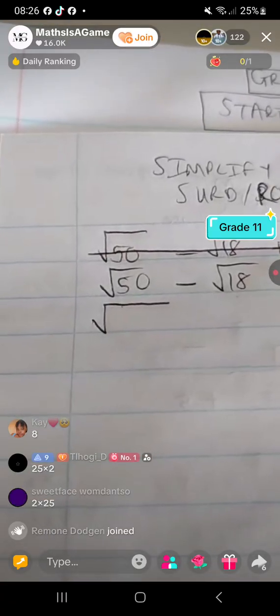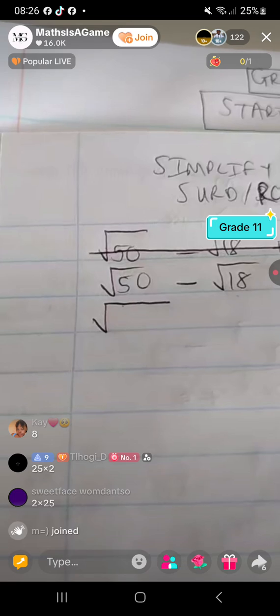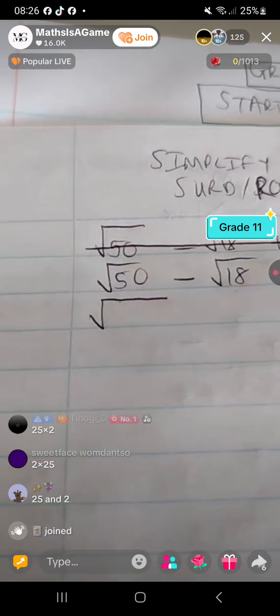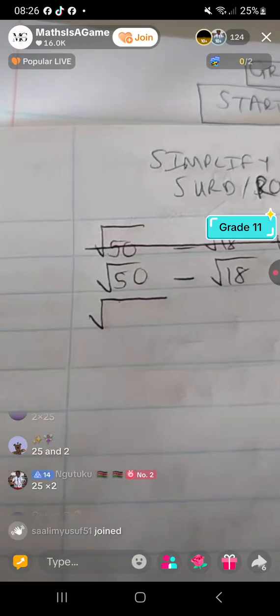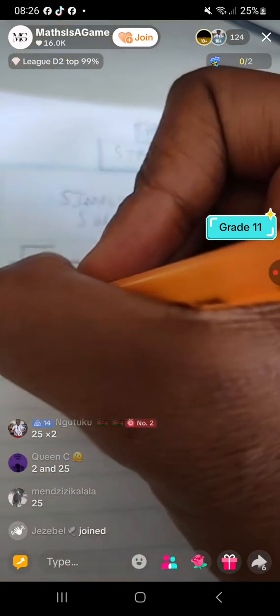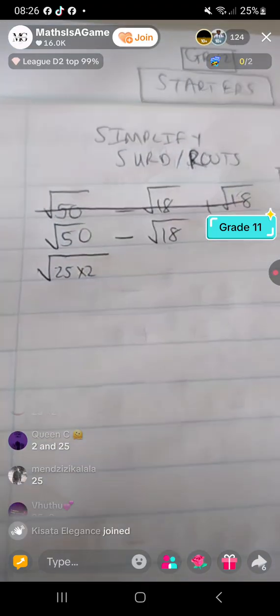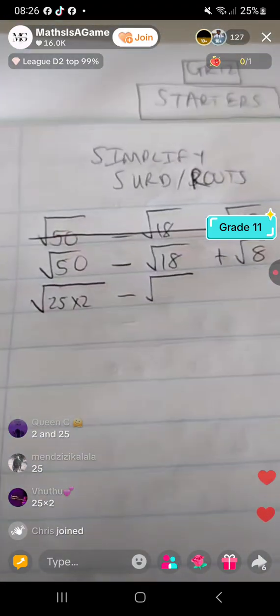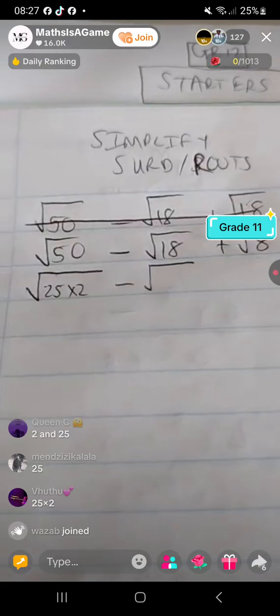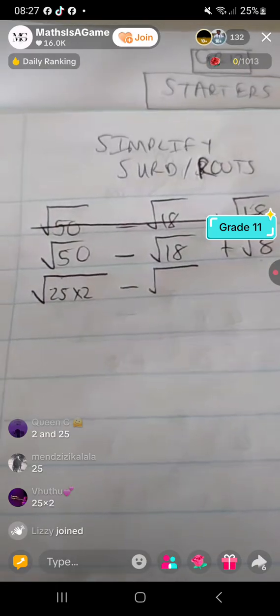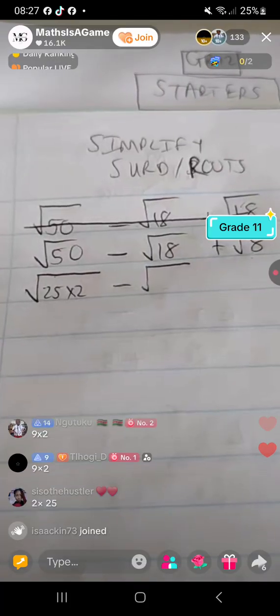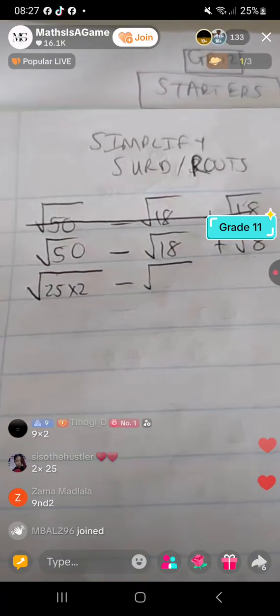Tlori, Sweet Face, Umdanzo, by the way. 25 and 2, yes. Okay, so we are good. We are good. Let's move on. 18. You guys are 100% correct, by the way. I agree with you. Sweet Face, Ngutuku, Siso the Hustler.